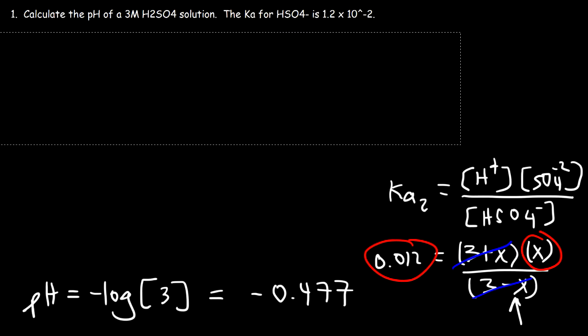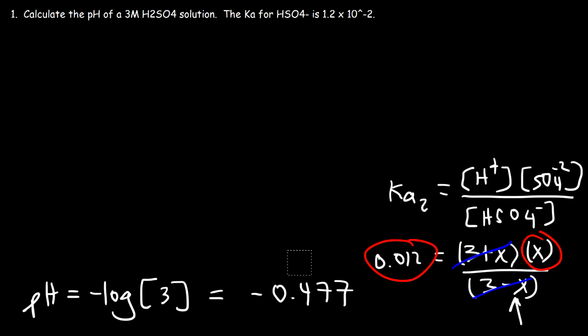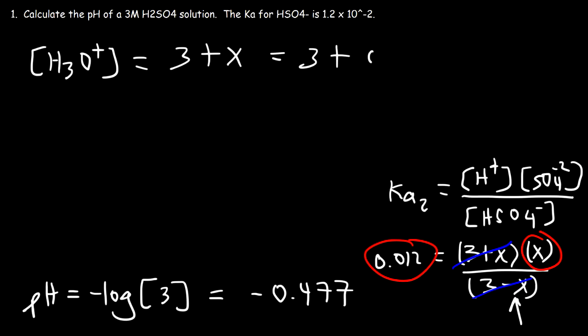Now that we have the value of X, we can now calculate the H3O+ concentration. So based on the ICE table, it was 3 plus X, so that's 3 plus 0.012. So the contribution of H+ from the second step is very small. However, it will change our answer slightly.